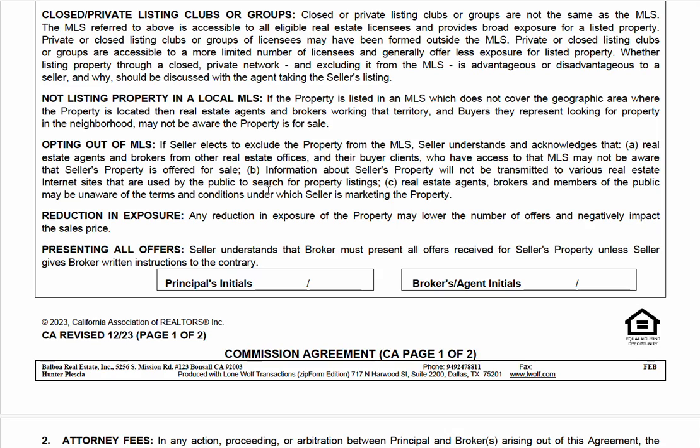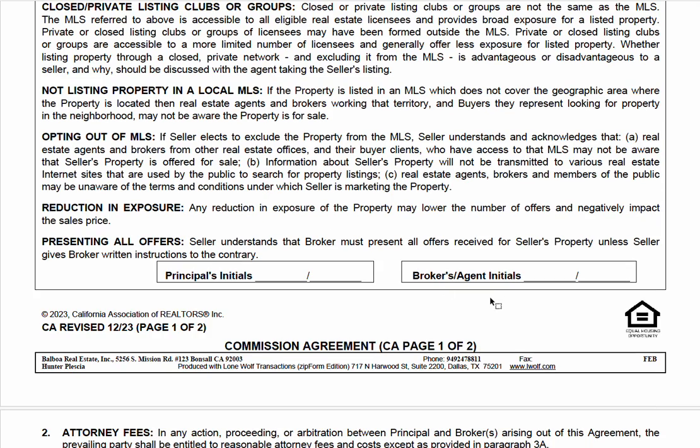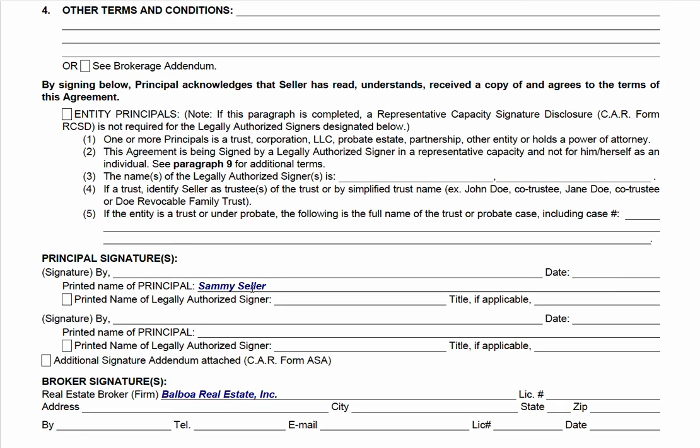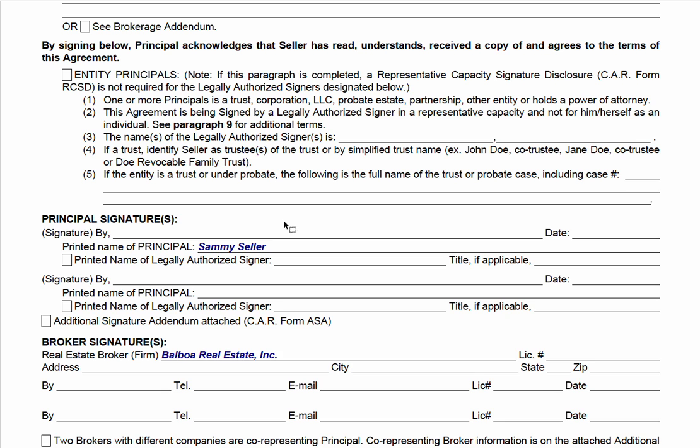Well, that's not what goes signed, and you don't initial ABC Incorporated. You would go down, and Sammy Seller is actually the CEO of that company. And so you'd put Sammy Seller right there because he's authorized. You'll see Sammy Seller's signature wherever the seller is signing. That's the point of these entity things.